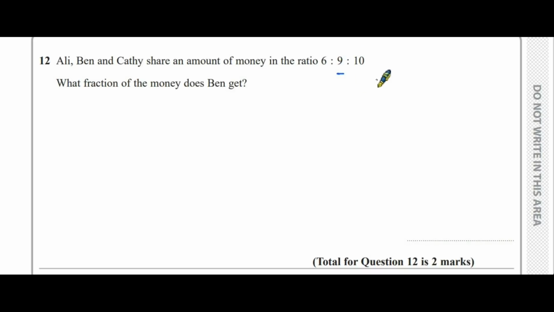Now to express it as a fraction, if we add up the total parts of the ratio, 6 plus 9 plus 10, we have 25 parts in the ratio, and Ben is getting 9 parts out of 25. Again, we would look to simplify this, but in fact 9 and 25 will not divide by the same number, so 9/25 is the final answer.